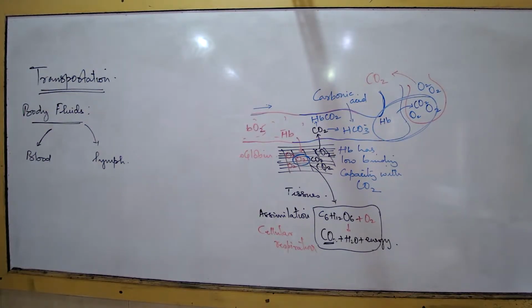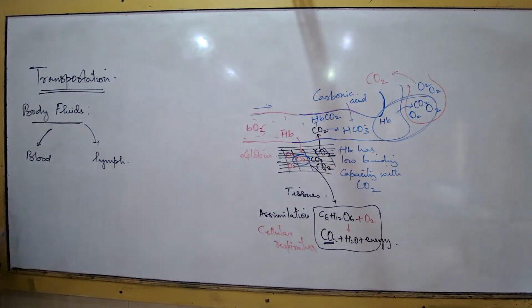Now that we are talking about body fluid, the major two types of body fluid that all complex organisms will have. The first one is blood. What are the major components of blood? What is the composition of blood? What are the two major components of blood?